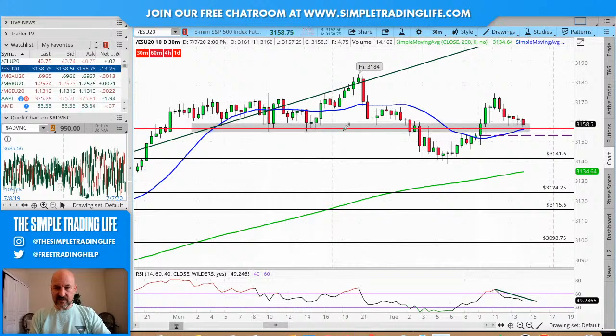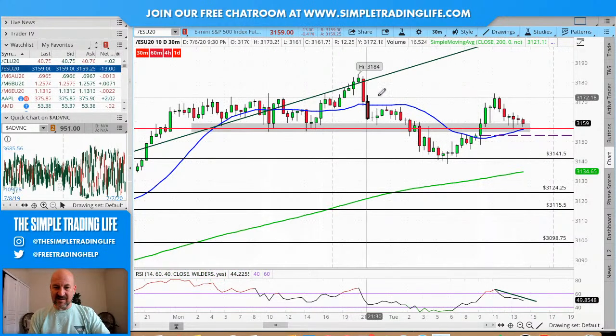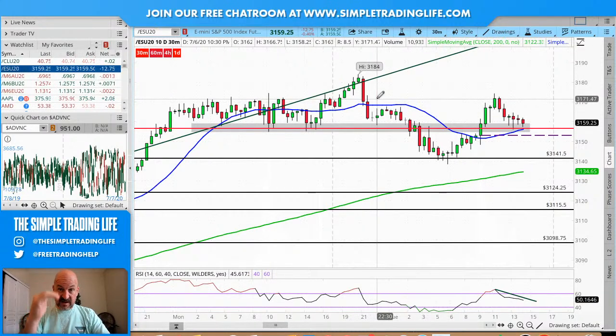All of this right through here, here again. Then here's where it finally broke through. This was last night. Came down to our support level at 3141.50. See how it was respected? Then we got the strong move this morning back up to that area we just talked about. This wick here between 3170 and 3174.